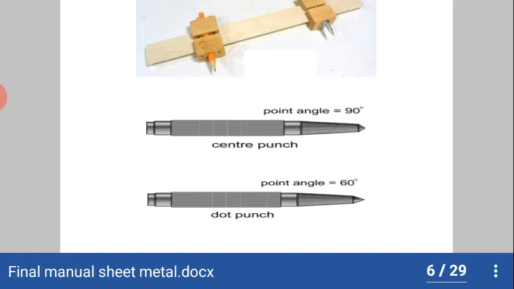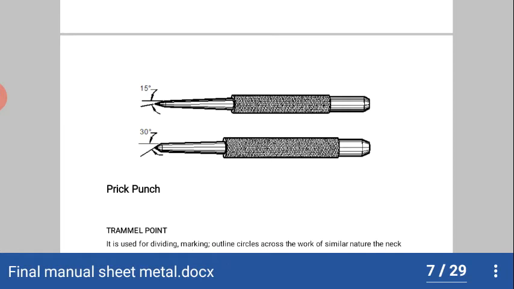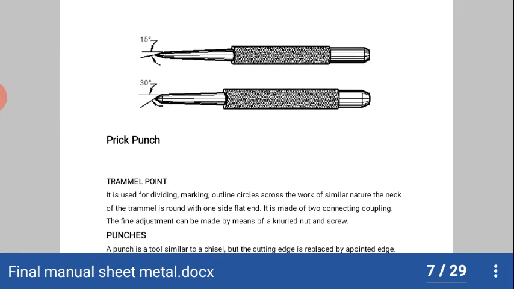The center punch is used for creating a center on the workpiece before the start of the drilling operation, and the dot punch is used for creating a dot before the start of the cutting operation. So these are prick punches.